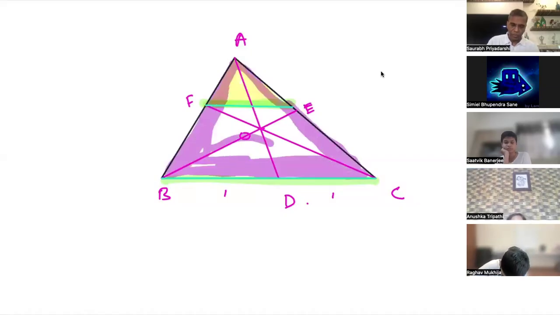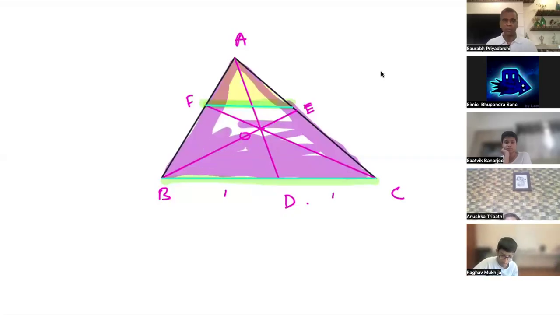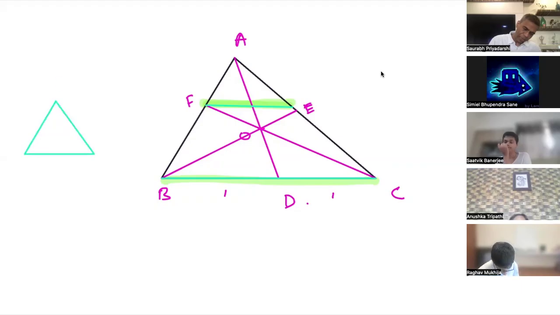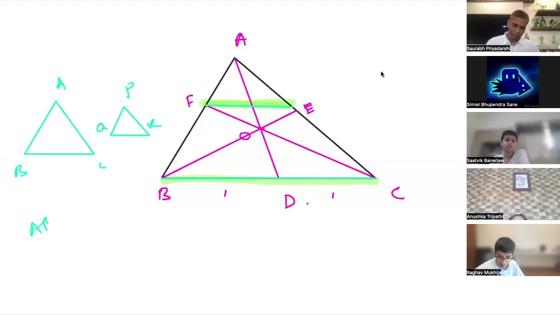And how can we prove the similarity? Similarity means, for any two triangles ABC and PQR, either we can go with the angles or with the ratio of the sides, meaning AB by PQ is equal to AC by PR, or BC by QR.